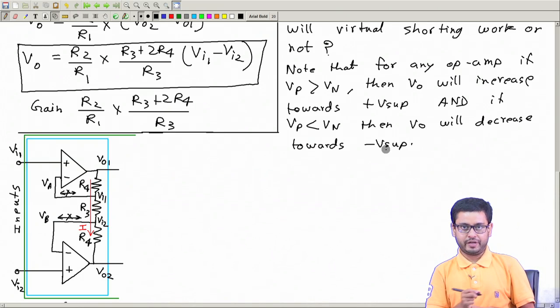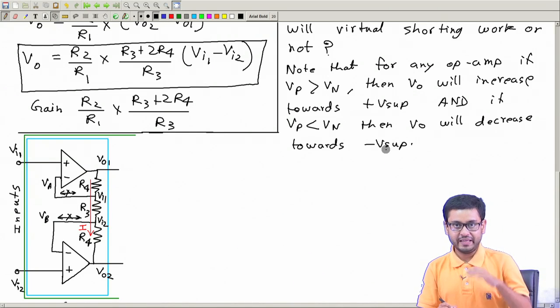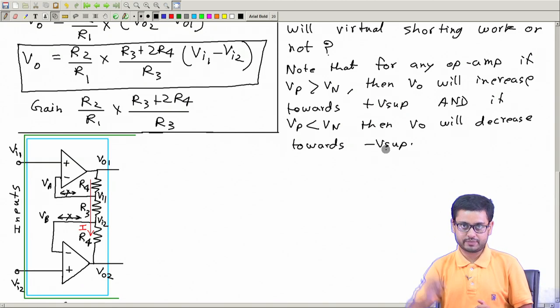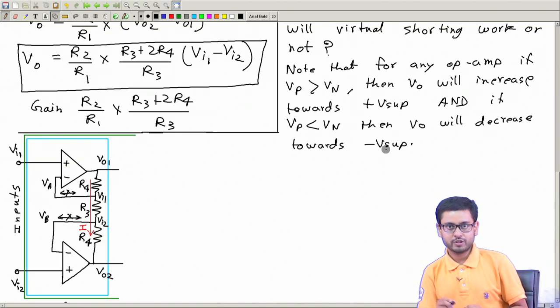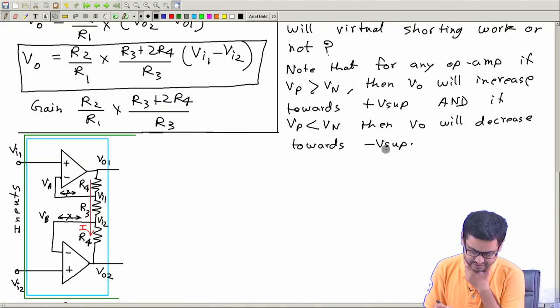This is the rule of an op amp. If Vp is higher than Vn, then output will go towards positive V supply, it will try to go towards the saturation plus V saturation, and if Vp is lower, then output will go down to the negative V supply. Now, you see in this circuit what happens because of the negative feedback mainly.